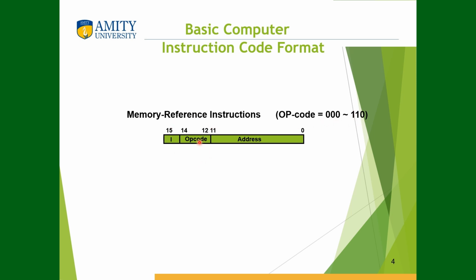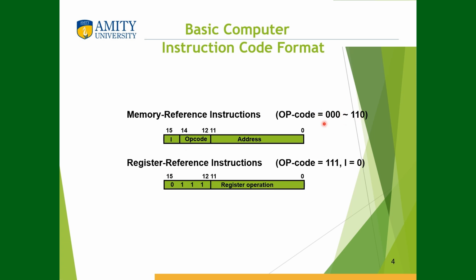So any value of opcode between these two values, including these values, means that it is a memory reference instruction. It can have either of the two modes, whether it is direct addressing or indirect addressing. So it could be 0 or 1 at the 15th bit, and the opcode will be between these ranges.